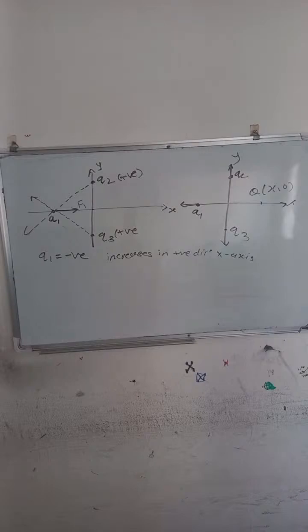A small object with charge small q and weight mg, small m small g, is attached to one end of the string of length capital L attached to the stationary support.